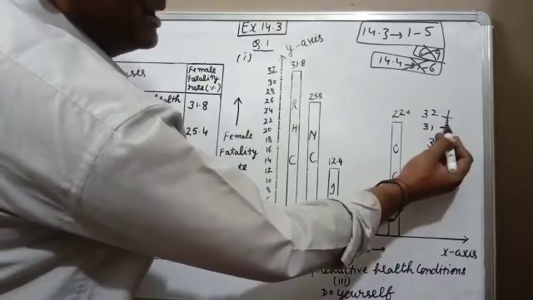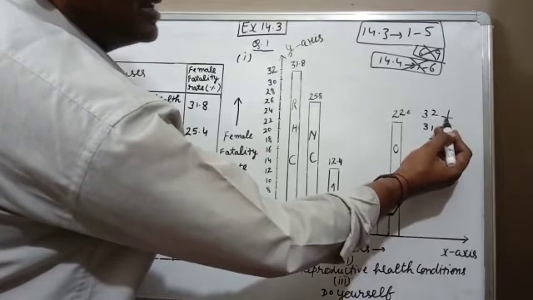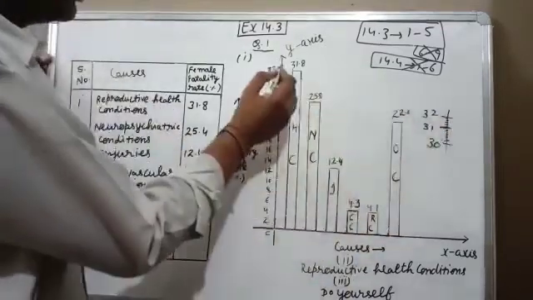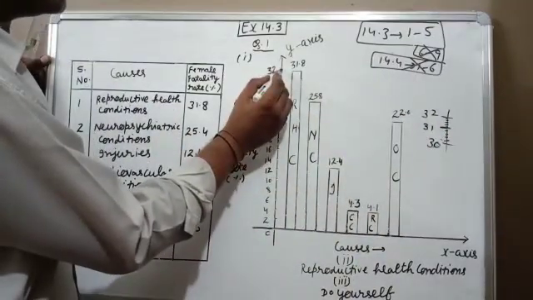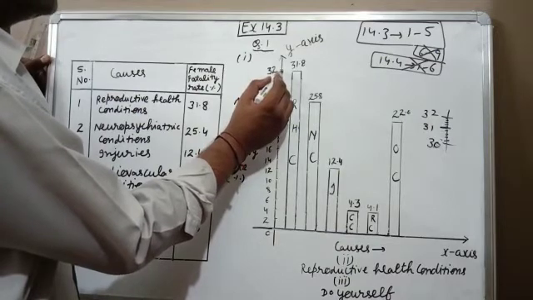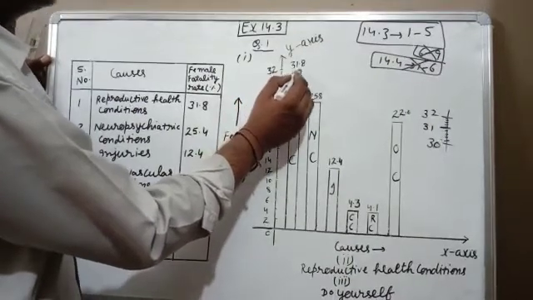Then next 31.2, 31.4, 31.6, 31.8. The first value just below 32 will represent 31.8.